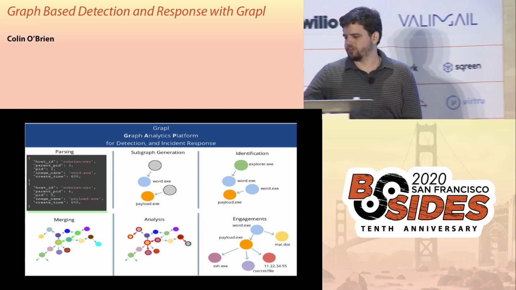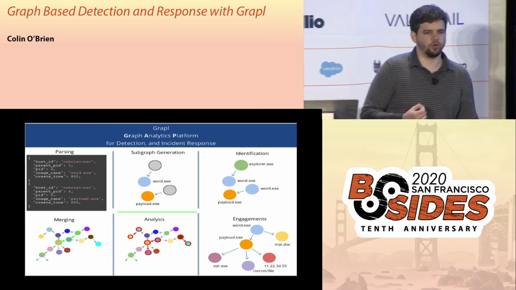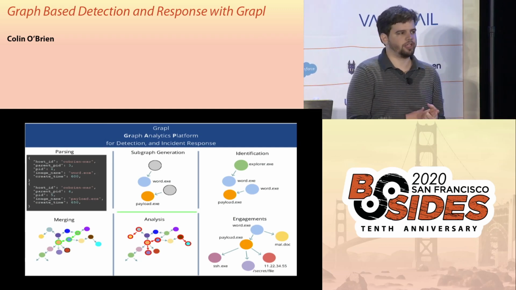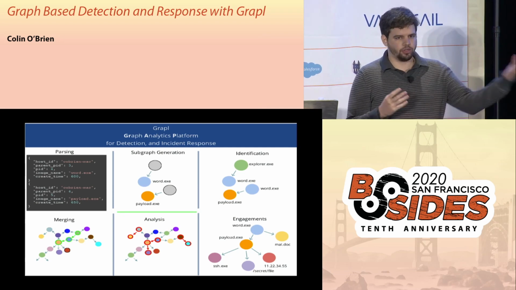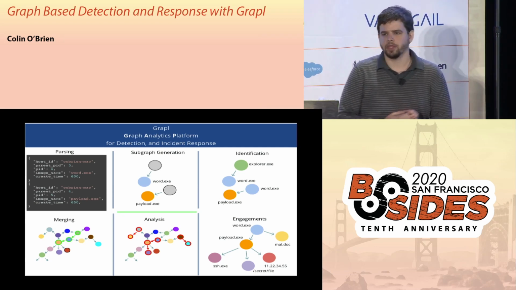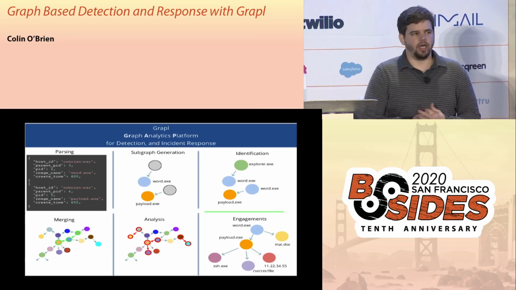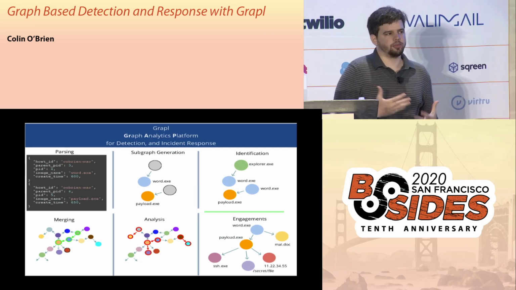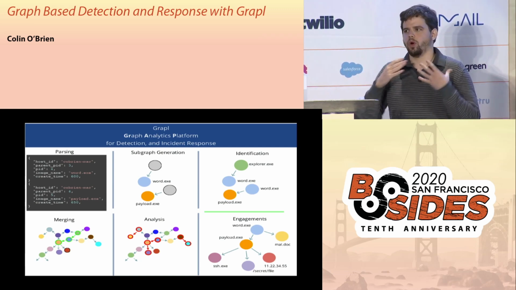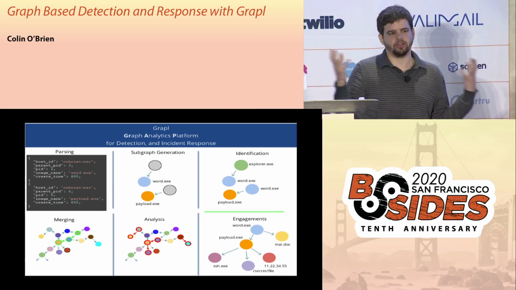It's going to parse those into a graph representation. So a process execution log might generate a graph that has a parent node, a child node, and an edge between them. These graphs go through an identification process. I'll talk a little bit more about this later, but essentially what this means is that we don't want a million different nodes representing the same entity, right?